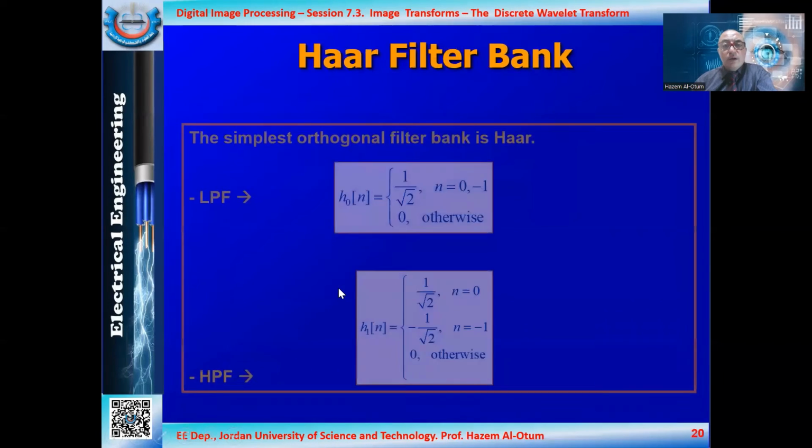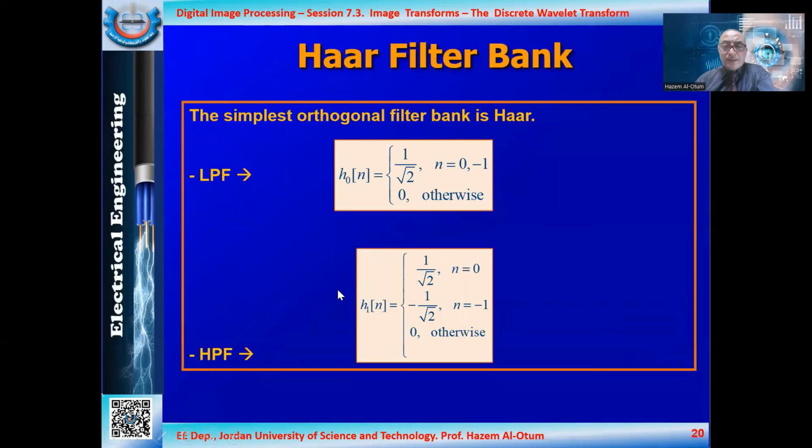Now, to realize this, we can use the simplest wavelet application, which is the Haar filter bank. Here for the low pass filter, we can use H0[n] in the time domain as 1 over square root of 2 for the values of n equals 0 and minus 1, and 0 otherwise. Now for H1, we have 1 over square root of 2 for n equals 0, and minus 1 over square root of 2 for n equals minus 1, and 0 otherwise.